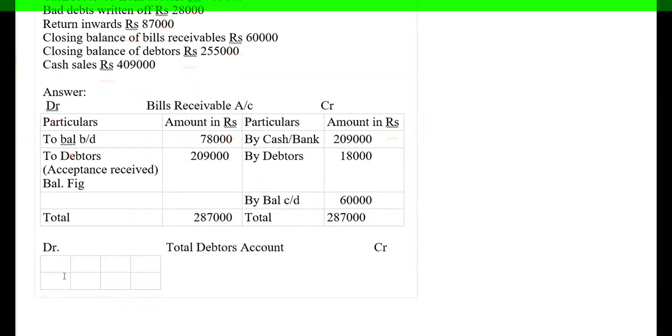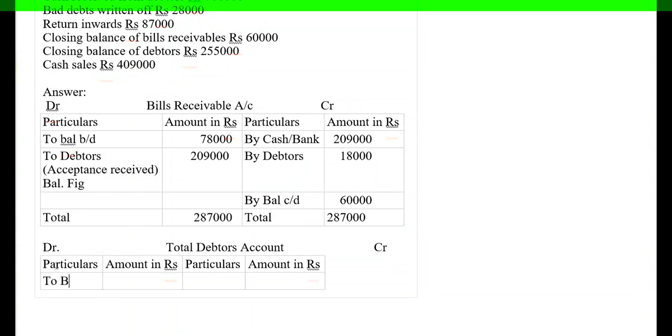As usual, four columns: particulars, amount in rupees, particulars, amount in rupees.